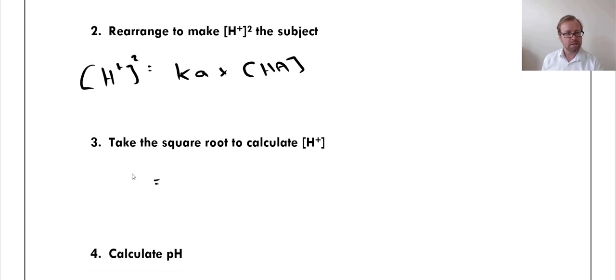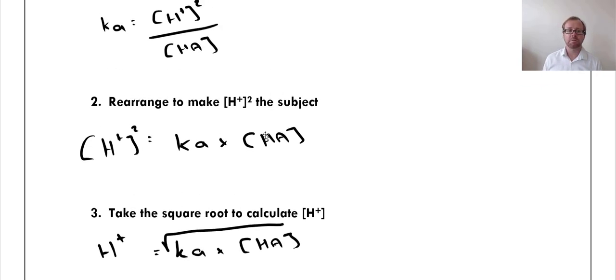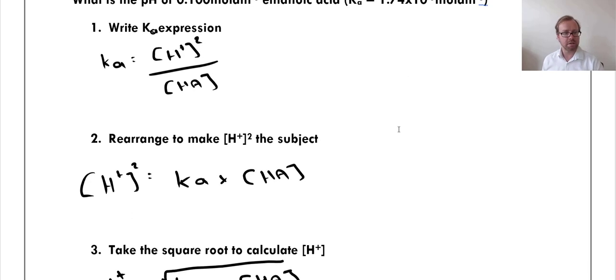Then I would take the square root, using this formula. Now I'm just going to put the values in here. Rearrange to make [H+] squared the subject.